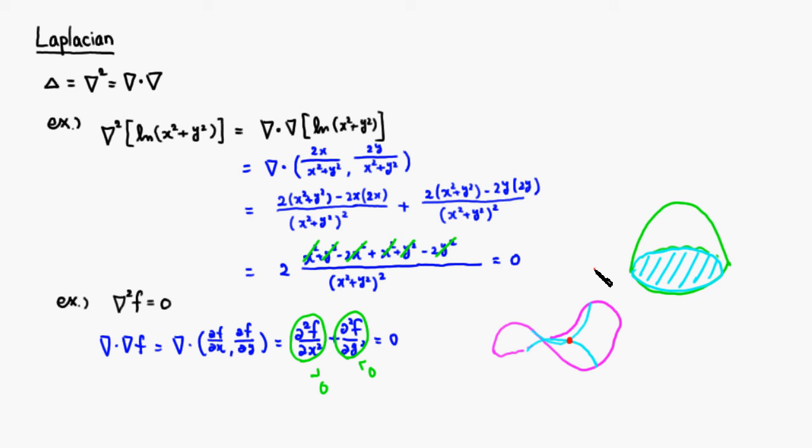To offset that, in the other direction there's a concave down shape. So the Laplacian equal to 0 can describe this saddle point behavior, because we have to make sure the sum of the second derivatives equals 0, which means one's positive and one's negative, unless they're both equal to 0.